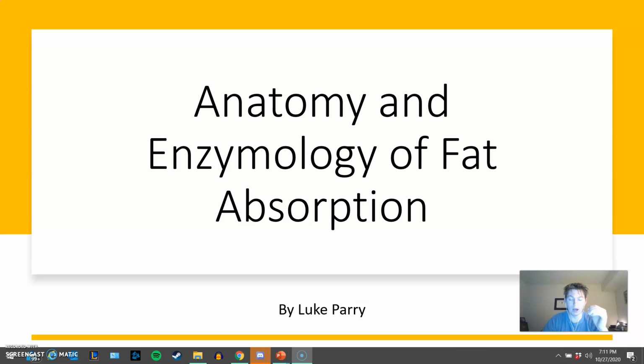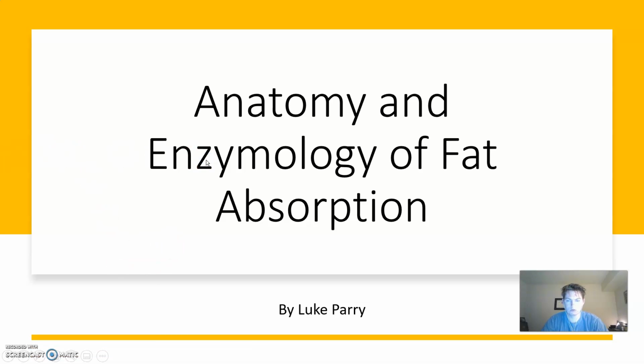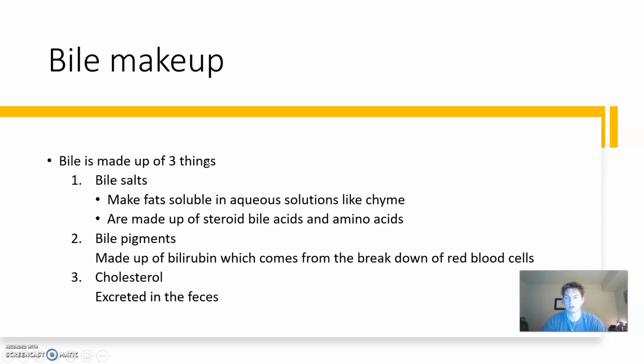And so bile is the thing that we use to break those things down in the human body. Bile is made up of three things: bile salts, bile pigments, and cholesterol. Bile salts are the main ingredient in what makes fat soluble in aqueous solution.